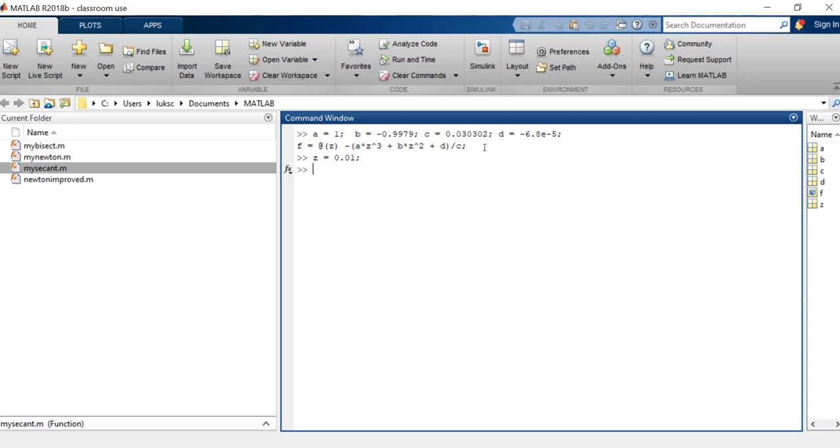Then to set this up as successive substitution, I want to say z equals f of z. So a new z is the function of the old z. And when I do that, I get an answer that's about half.